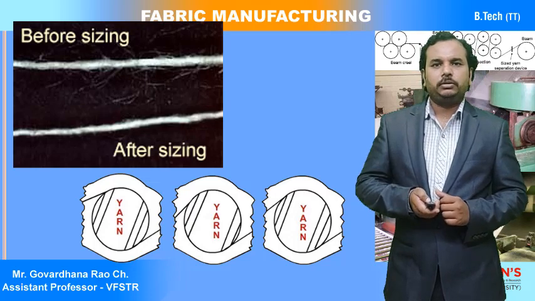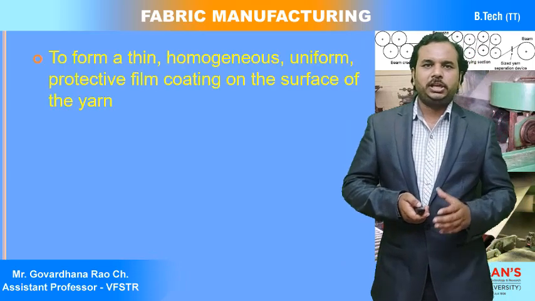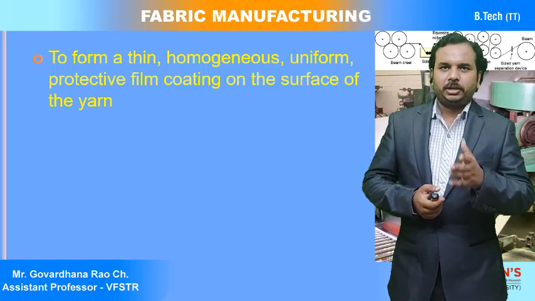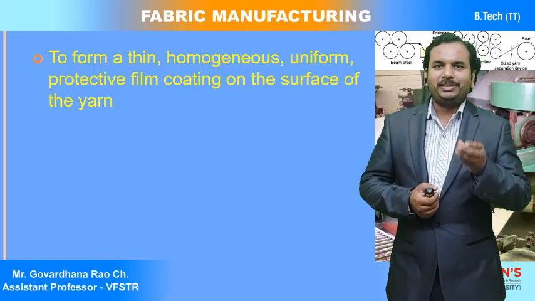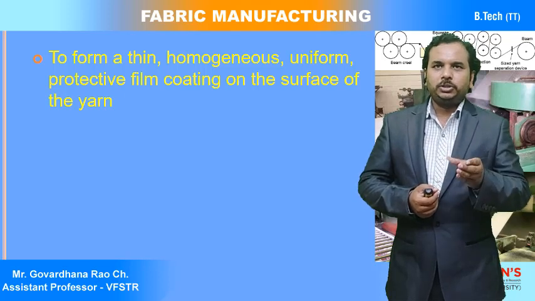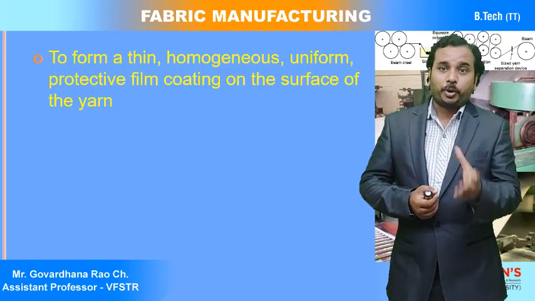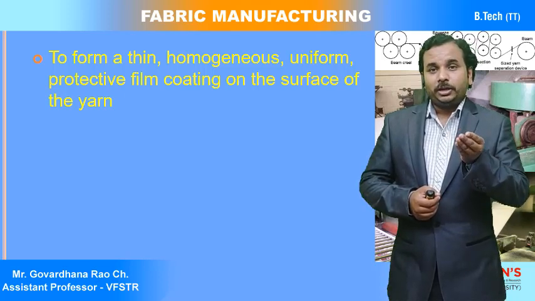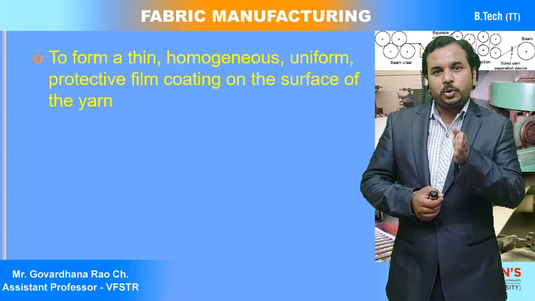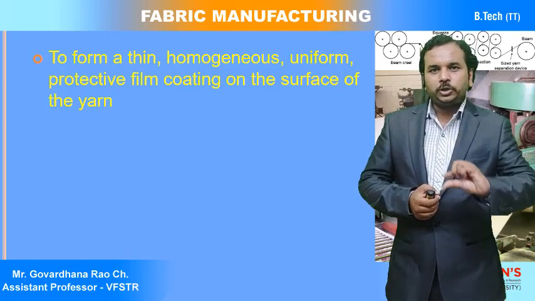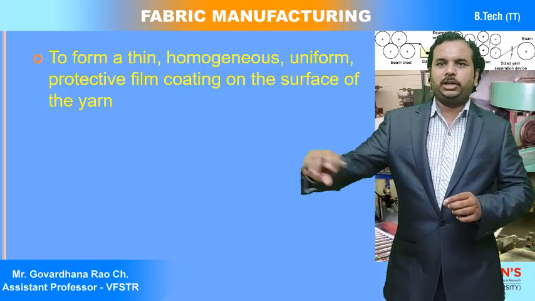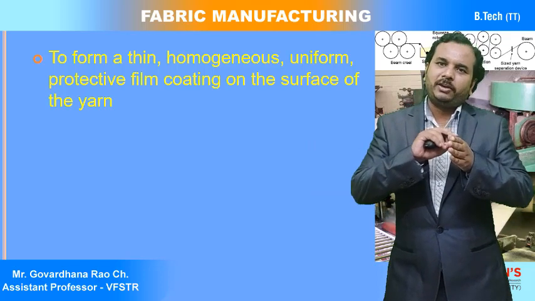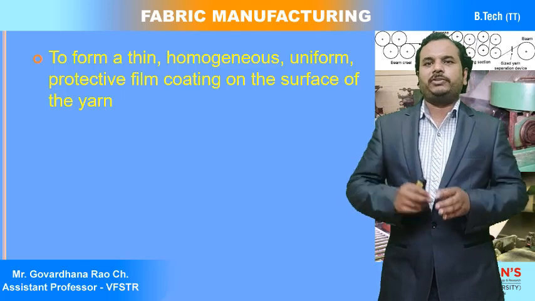Then the next objective is to form a thin, homogeneous, uniform, protective film. The size paste forms a thin, homogeneous, uniform film throughout the length of the yarn, on the surface of the yarn.